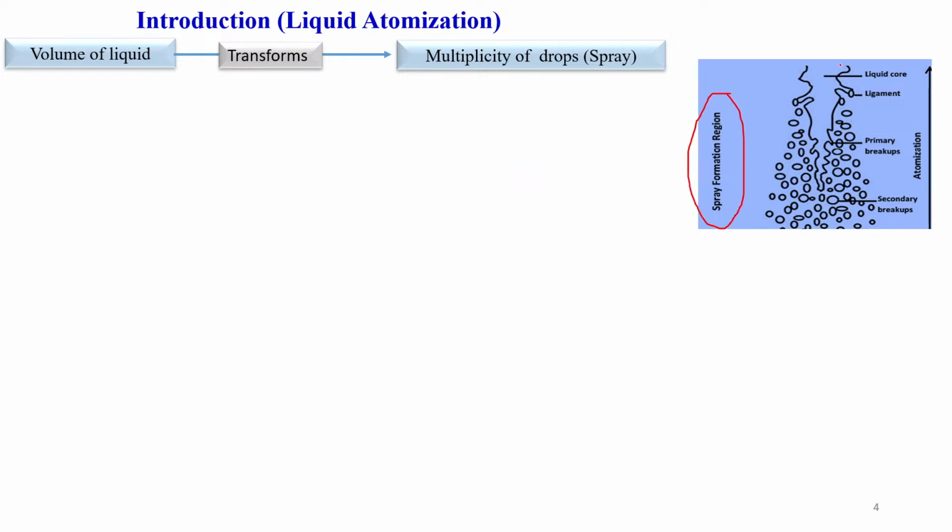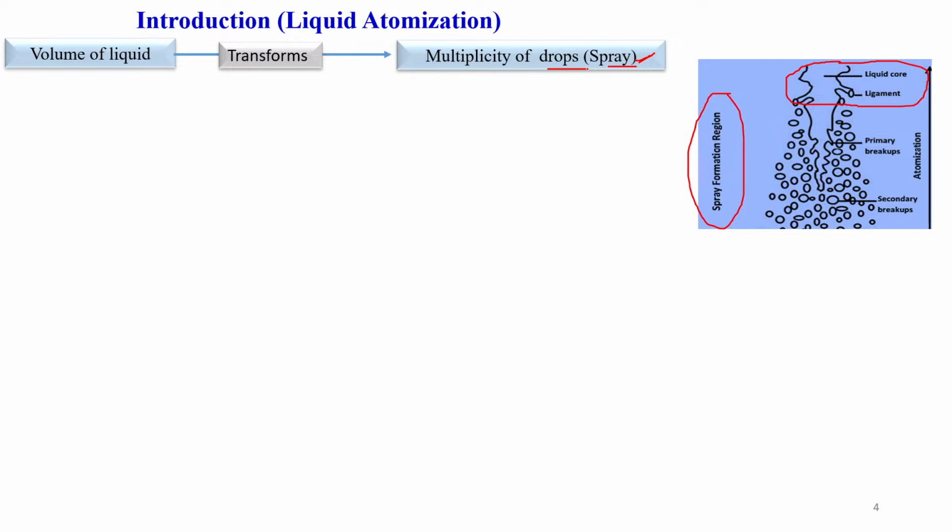Here we can see the liquid core. The main liquid core further breaks into very fine spray, very fine droplets. The droplet diameter would be in the range of 10 micron to around 50 or 60 micron for better combustion.